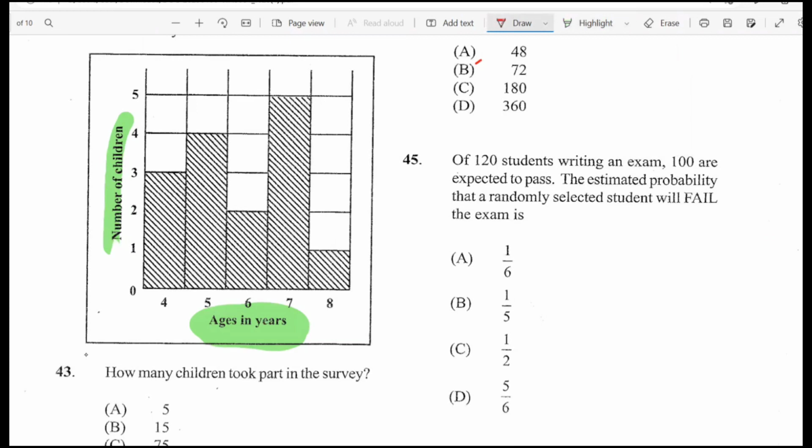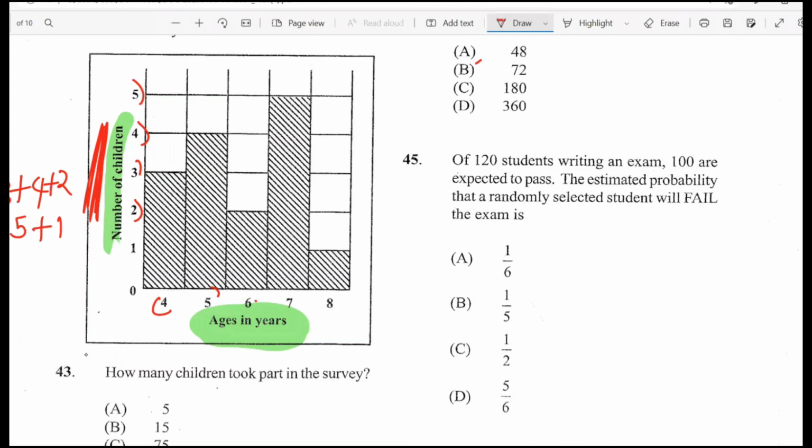We have some 4-year-olds. How many 4-year-olds? 3. How many 5-year-olds? 4. Because the thing is, the number of children. So if you want to know how many, this is where you're going to take it. So we're saying 4-year-olds, 3, 5-year-olds, 4, adding that, 6-year-olds, 2, 7 years old, adding 5, 8 years old, you're adding 1.